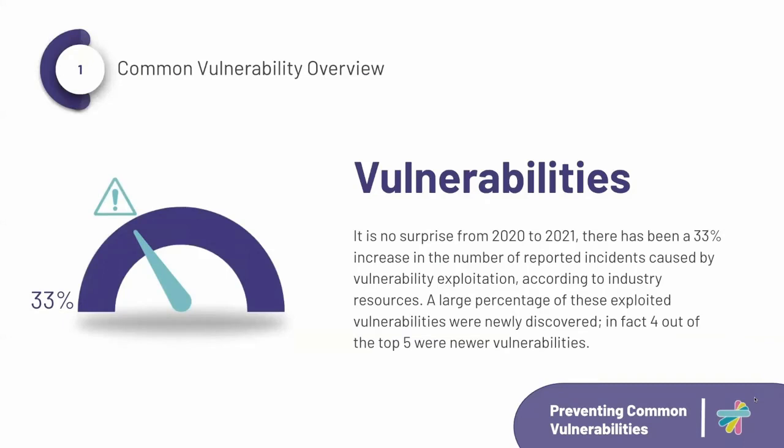It is no surprise that from 2020 to 2021, there has been a 33% increase in the number of reported incidents caused by vulnerability exploitation, according to industry resources. A large percentage of these exploited vulnerabilities were newly discovered. In fact, 4 out of the top 5 were newer vulnerabilities.